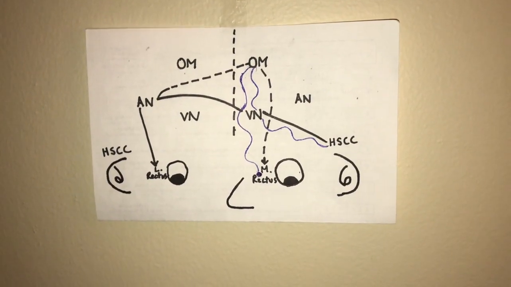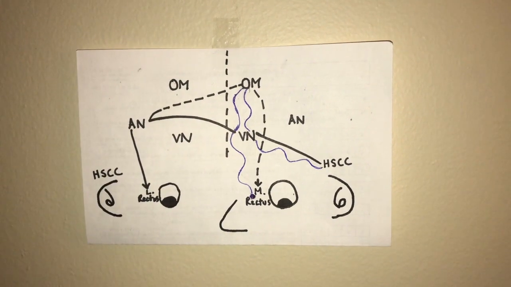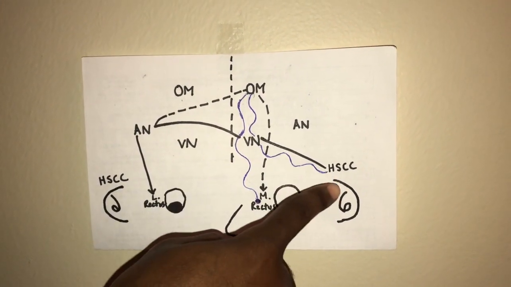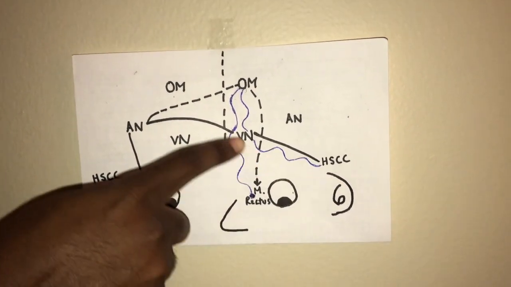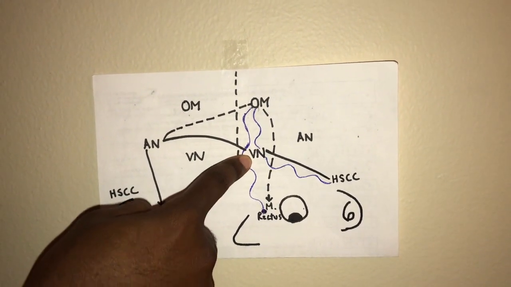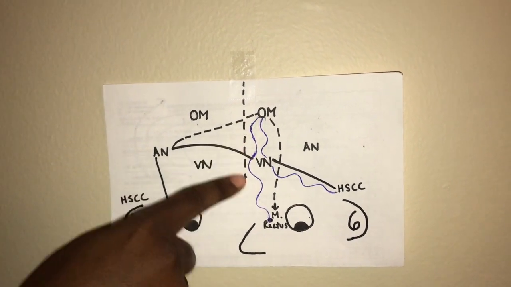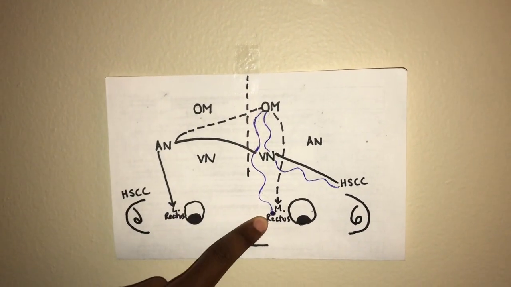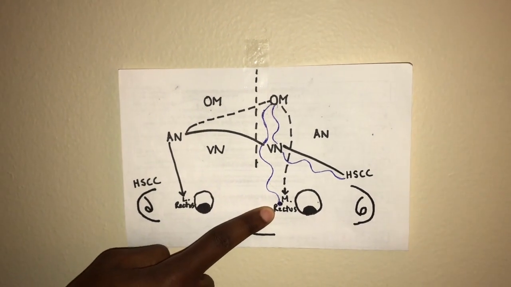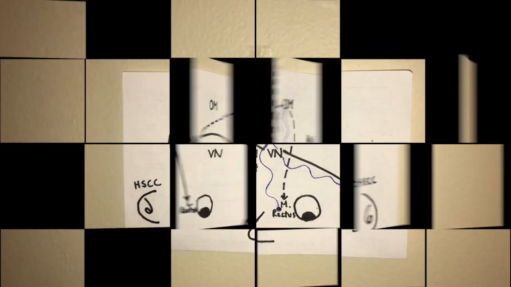Lastly, reflex arc 3, noted by the blue line here, sends a signal from the horizontal semicircular canal to the superior vestibular nucleus, which innervates the oculomotor nucleus, which then sends a signal down to the ipsilateral medial rectus, resulting in the eye being in an adducted position.